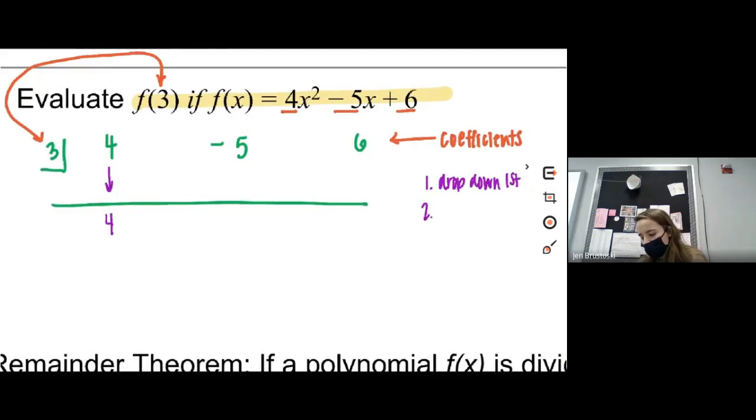Step 2 is we're going to multiply by the number in the box. So we're going to multiply by 3. What is 4 times 3? 12. So 12 is going to come up right there because we did times 3.